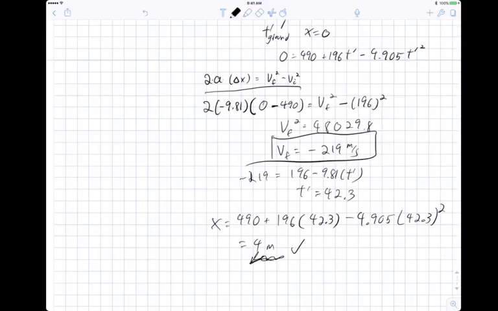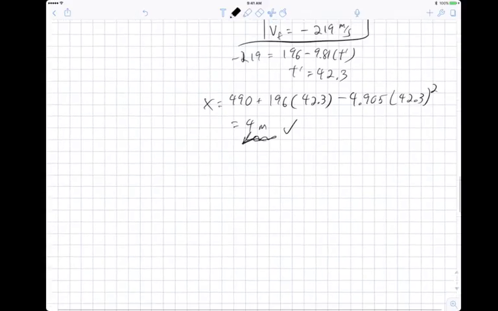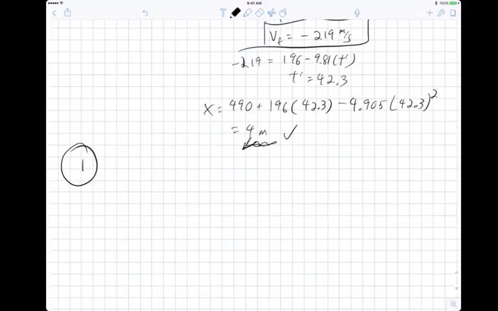Okay, next question is 61. 61 goes like this. Starting from rest, a cart takes 1.25 seconds to slide 1.8 meters down an inclined low friction track.